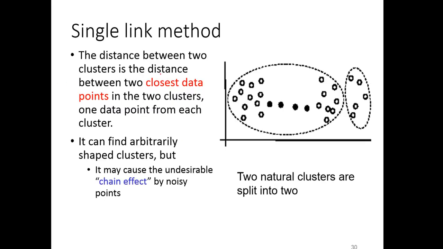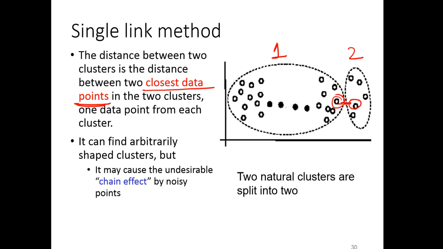In the single link method, the distance between two clusters is the distance between the closest data points. Here is cluster 1, and this is cluster 2. The distance between these two clusters is the distance between the two closest data points. If this is a data point and this is another data point, they are very close.